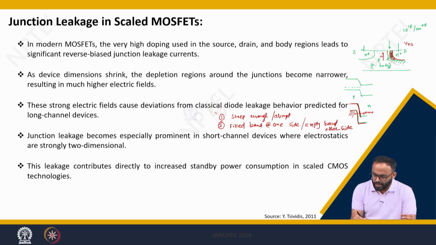These two criteria are fulfilled here, which shows that if you apply a voltage VDS, this junction becomes reverse biased and hence there is a finite chance that the electron will tunnel from the P side valence band to the N side conduction band.